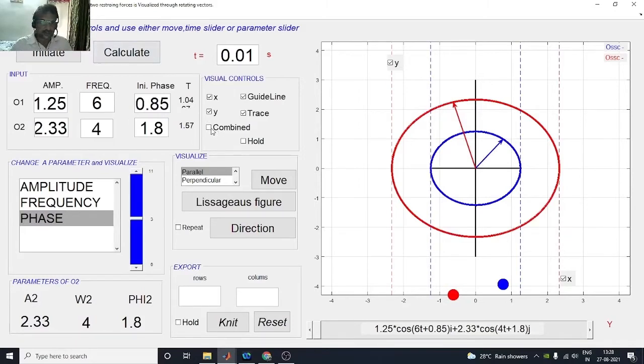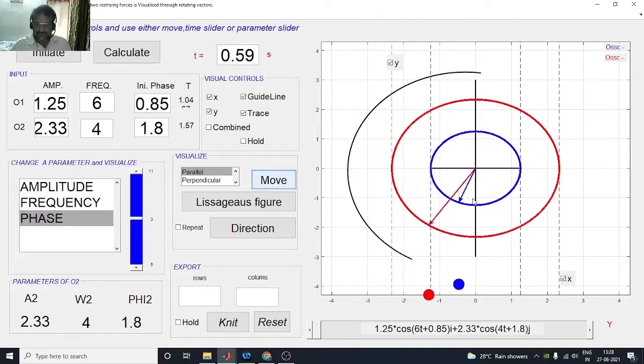Now let us look at the combined one, or even before going to the combined one, let us see what happens to these arrows as a function of time. You can see the phase difference between the arrows is changing as a function of time.